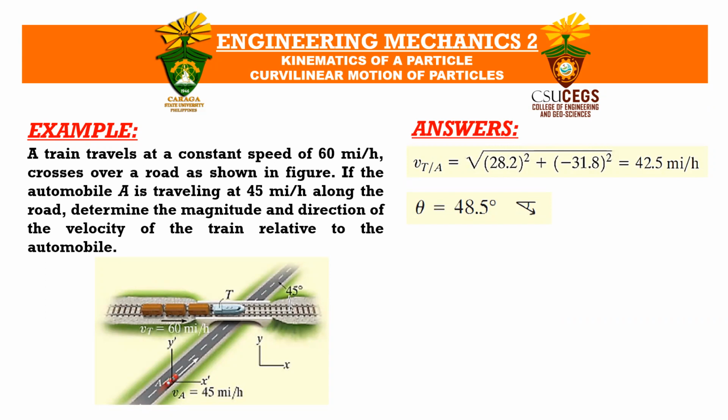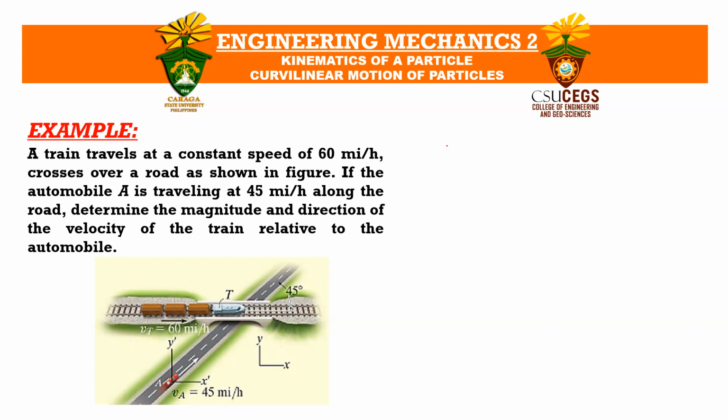If the automobile A is traveling at 45 miles per hour along the road, what we need to determine are the magnitude and direction of the velocity of the train relative to the automobile. So here, as shown on the right side, are the answers. The magnitude of the velocity is 42.5 miles per hour, and the direction is 48.5 degrees clockwise.